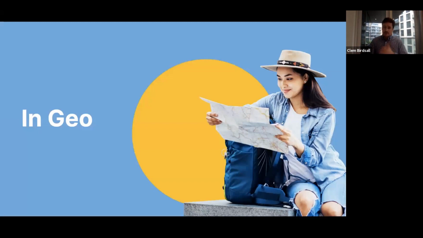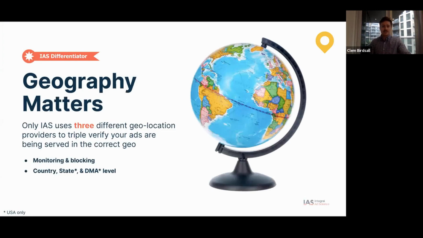Finally is geo, and this is the fourth pillar of the quality impressions that advertisers are looking to purchase. So geography matters. If your budget is from Audi in Denmark, for example, you don't really want to be delivering those impressions in the United Kingdom, because even though it's the same brand, it's not going to impact you selling cars in Denmark, which is where that budget has been assigned from.